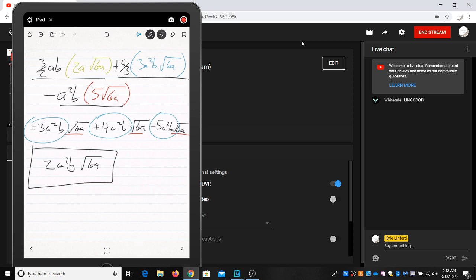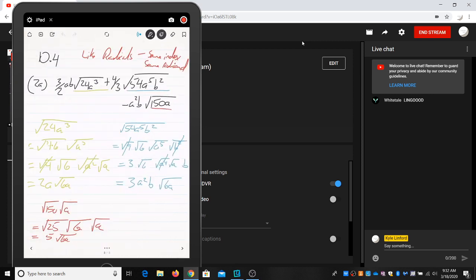You'll notice this problem wasn't really that bad. It's a bit tedious, but each of these were fairly simple to break down. We just have to make sure we're taking steps to ensure our work is organized and we know what values are what. I would recommend doing this technique where we simplify our radicals to the side. We use color coding, things like that.